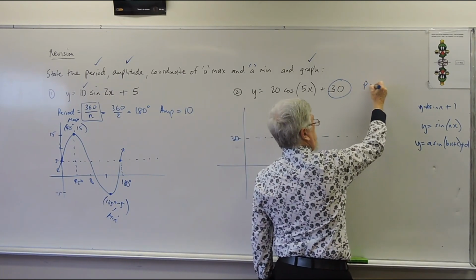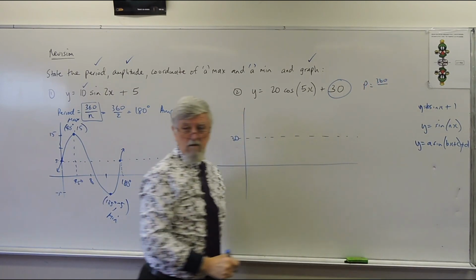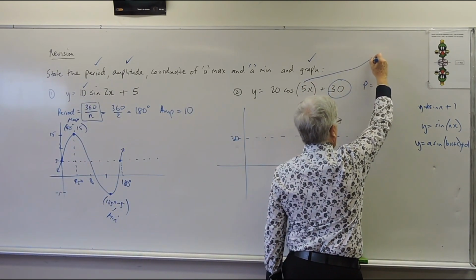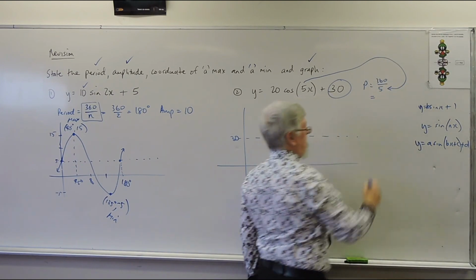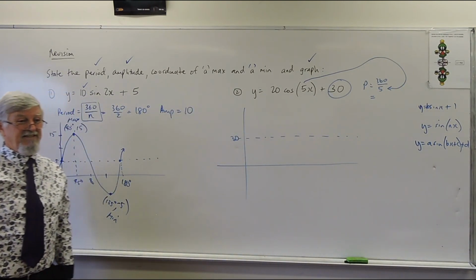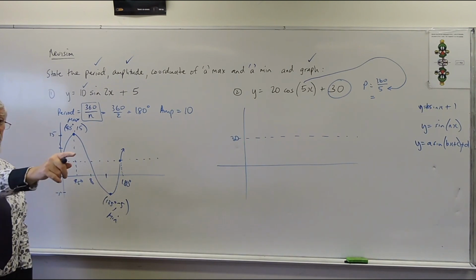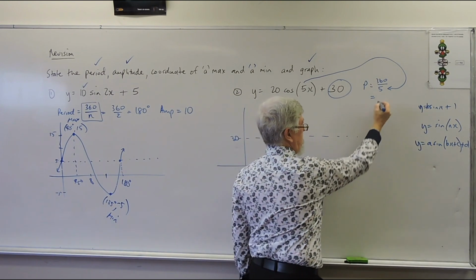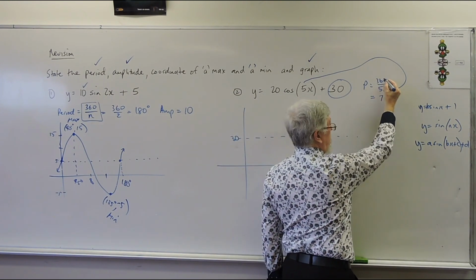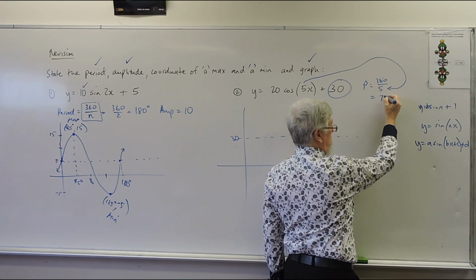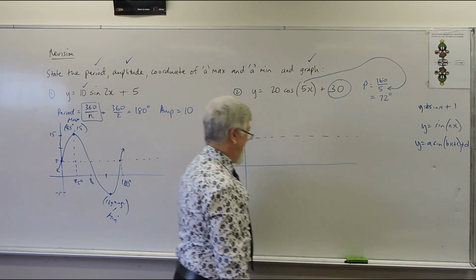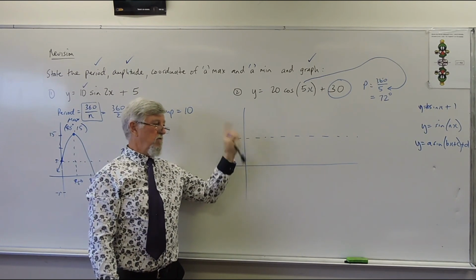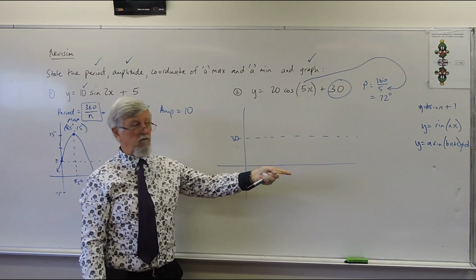My brain then goes period, 360 on the 5. 5 into 360. 5 into 36, 5 sevens are 35, 1 left over. 5 into 10 goes 2. So at that point, I'm not going to write 72 on it. I would rather do the graph and then add the 72 on afterwards.